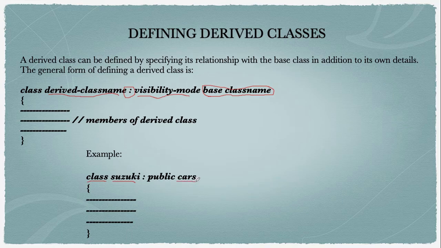Then I have to specify in which mode I am going to inherit this, in public mode, and I specify the relationship with the colon. That's why here Suzuki is a derived class or child class of Cars. Cars is the base class and Suzuki is the child class. This is how we define a derived class.